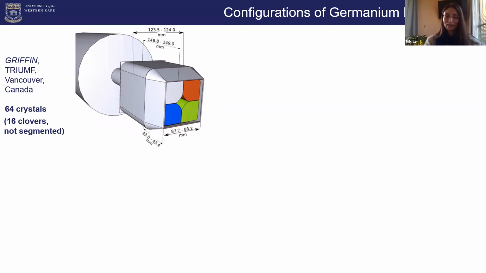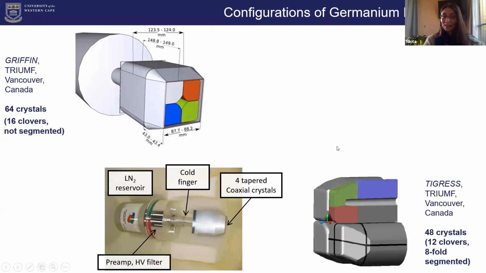It is not segmented. Now a segmented detector, the TIGRESS detectors, are very similar. It is, again, a clover, which means there are 4 germanium crystals per physical detector. What is different with the TIGRESS detector is that they are segmented. In the TIGRESS, it is 8-fold, which means each crystal is segmented using wires into 8 different parts.